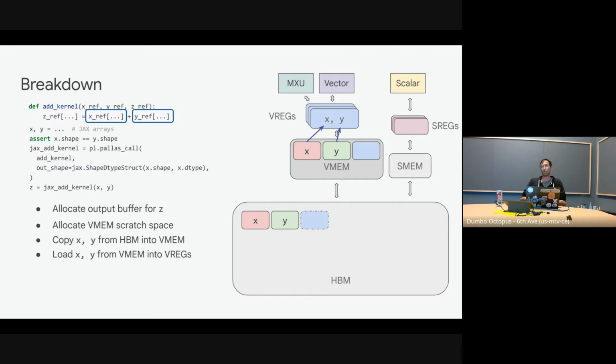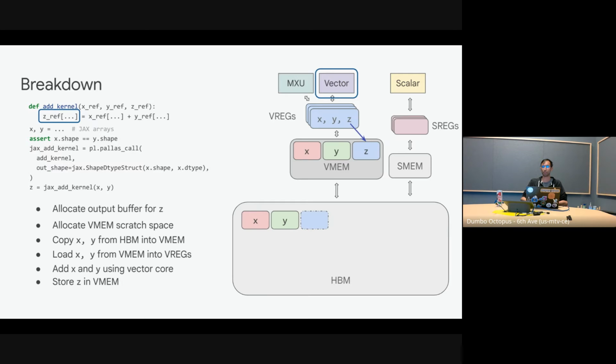These ref read operations, that indexing, actually turns what were previously refs in VMem into values. These Jax arrays are essentially VRegs. We then execute, in this case, a vector compute op, which is just adding two sets of 8 by 128 arrays together. We then do a VMem store, and then we do a VMem to HBM copy. And that's basically the life cycle of a kernel, if you will.